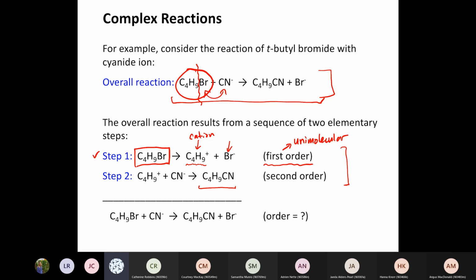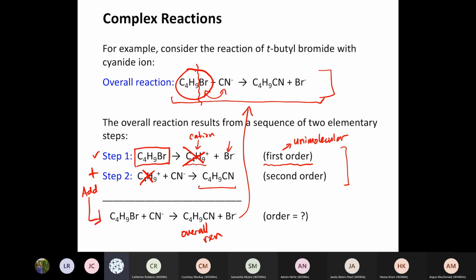So when you have a complex reaction that is a sequence of steps like this one, if you add all these steps together, so basically we're adding step one plus step two, and you cancel what appears on both sides, right? So if you look at this, we see this cation appears on the right and it appears on the left over here. So when it appears on both sides, you cancel it, and the sum should be equal to the overall reaction.